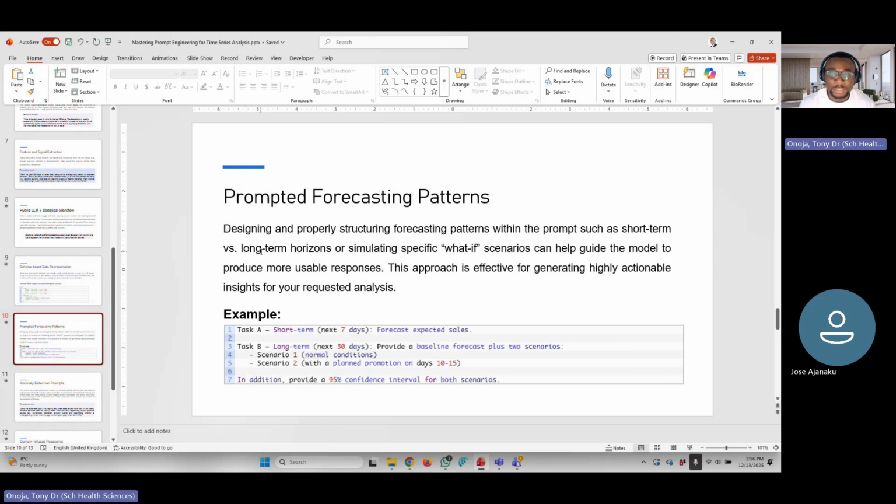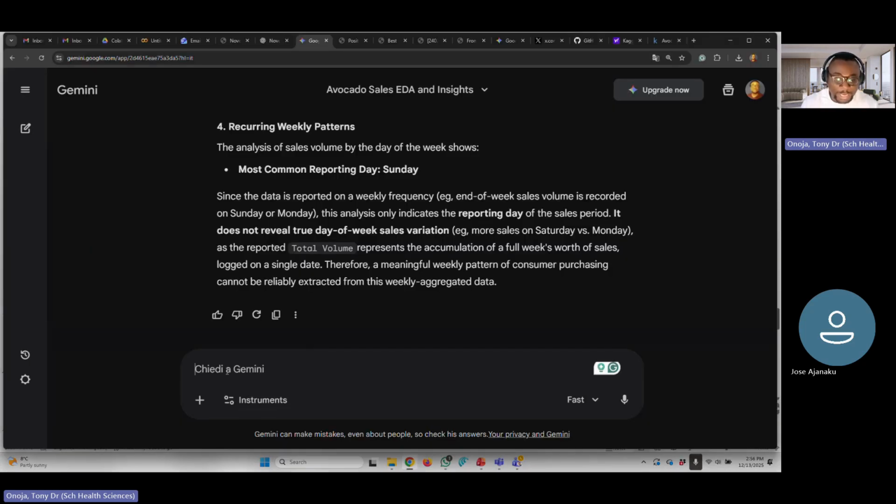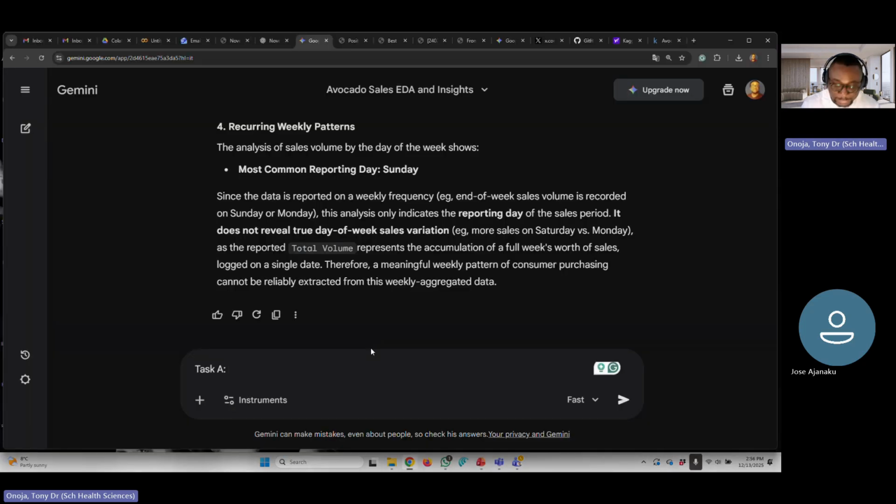So the next thing is going to be the forecasting. Remember, we talked about task one, which is the short-term forecast. So let's look at task one, or task A, sorry. The first task is short-term forecast.